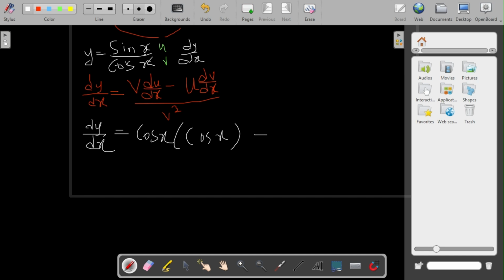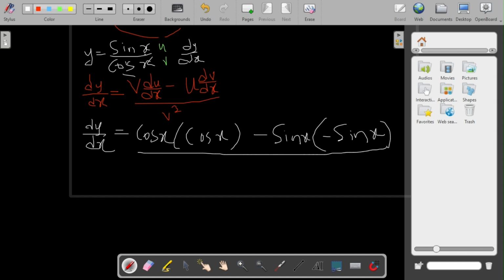Minus, what is u? U is another sine x. But your v is cos x right here. So since v is cos x, it means that my dv/dx will be minus sine x over what?